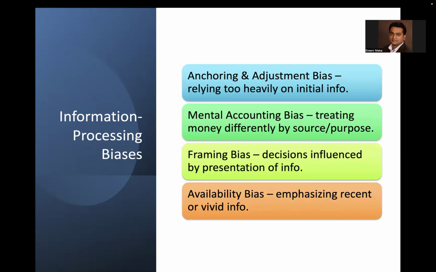The next one, I'm talking about information processing biases. Anchoring and adjustment bias is relying heavily on the initial information. It's kind of related to conservatism, the one I talked about before. You anchor to the original thought process, but you do not adjust as new information is coming.